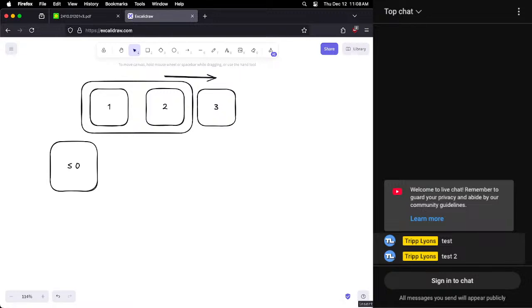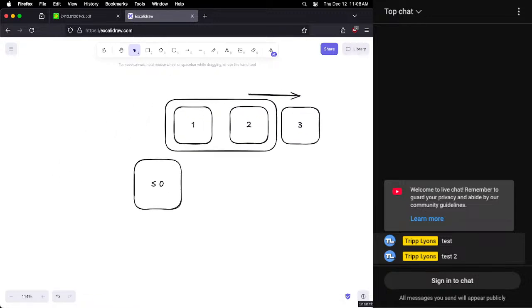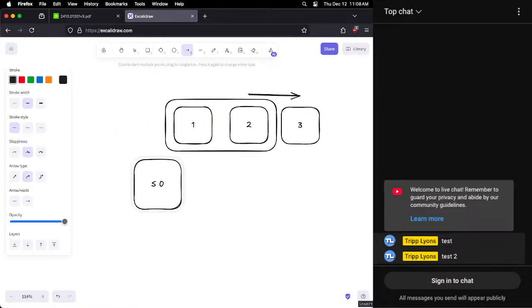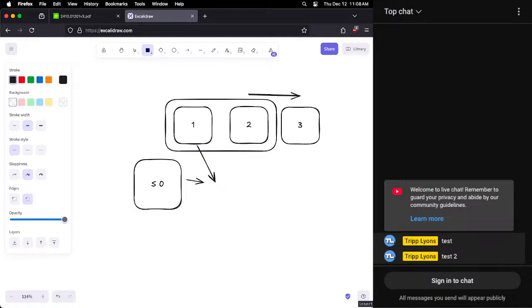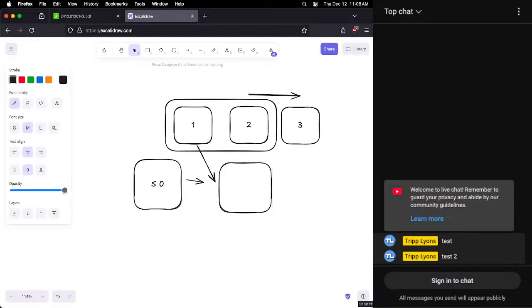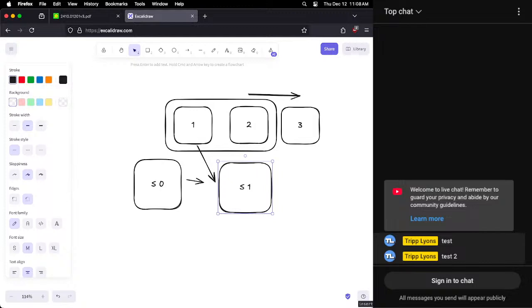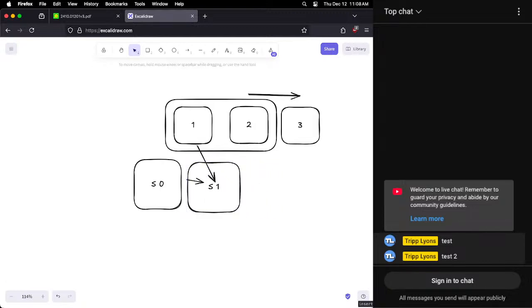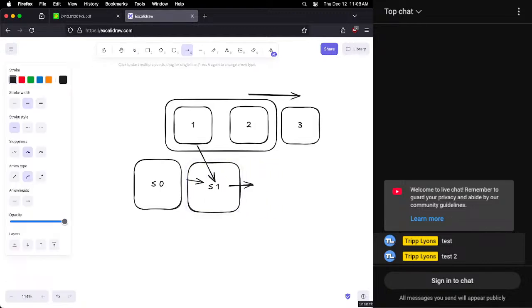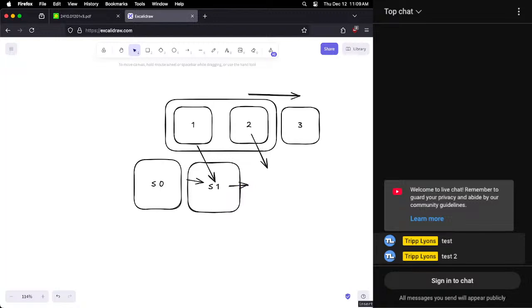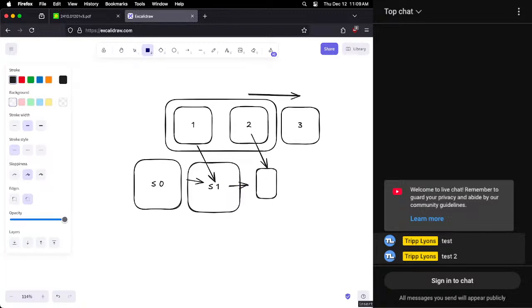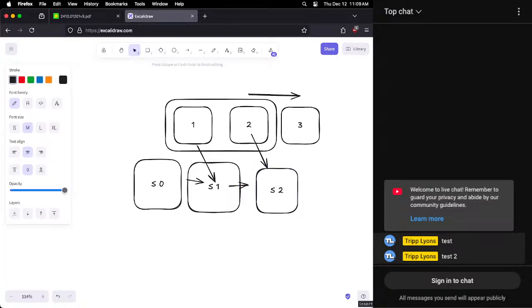And then after you see the first token, these are both inputs to the next state. The first token and the initial state go to the next state, S1. And then the next token and the current state are inputs to the next state, S2.